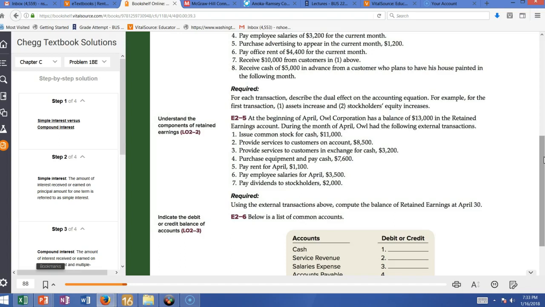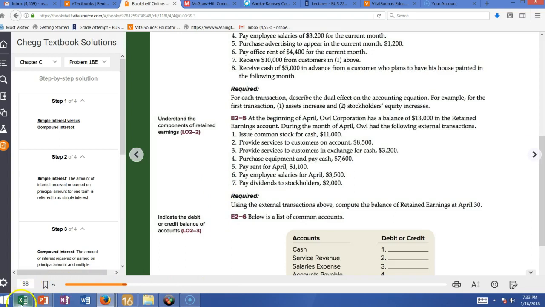At the beginning of April, Owl Corporation has a balance of $13,000 in the retained earnings account. During the month of April, Owl had the following external transactions. We're required to, using these external transactions, compute the balance of retained earnings at April 30th.